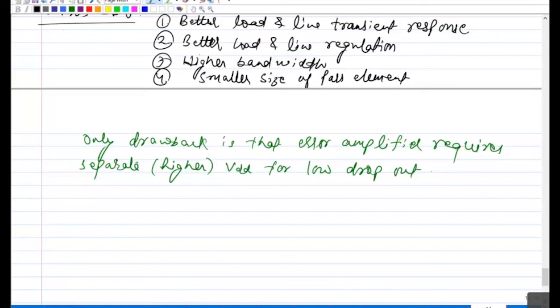So in that case, you can say that the NMOS LDO performs better in terms of different performance metrics, whether it is load and line transient, regulation, or bandwidth, and even if you have to use an on-chip charge pump, your area may be comparable to PMOS.